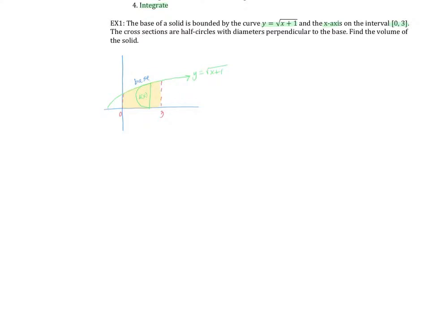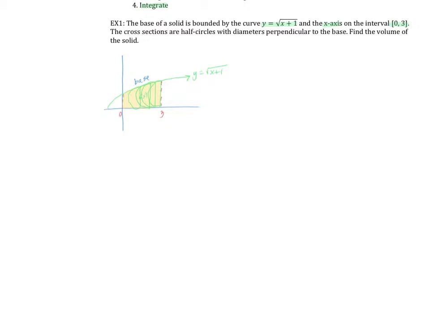So imagine that we have all these half circles that we're creating, and what we'll end up with is this volume. What our integral is going to do is add up all these half circles from x equal to 0 to x equal to 3.